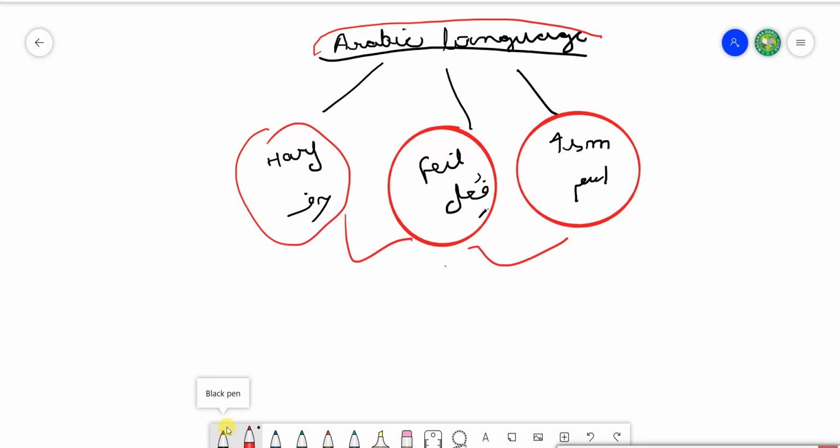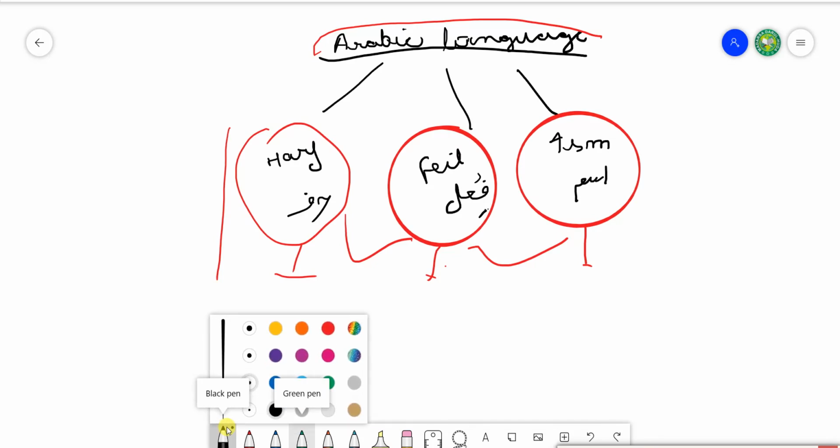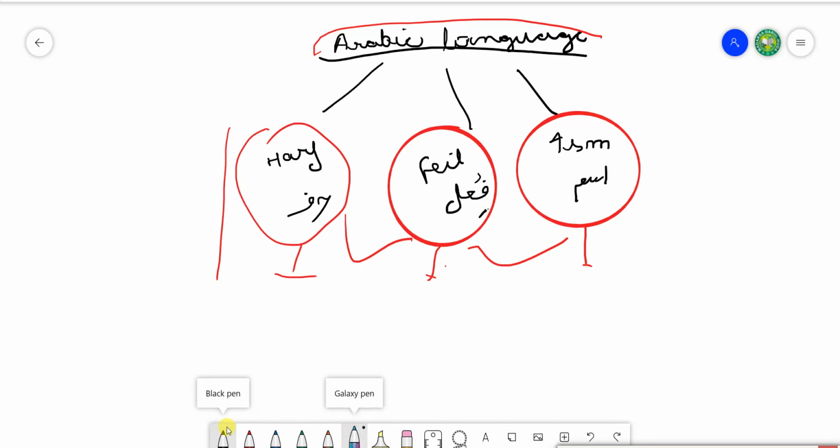So if we understand the concept of ism, fail and harf carefully, we will be able to understand the whole Arabic language in the very easiest way, inshallah. So I hope you understand so far that the whole Arabic language is just made up of three things, that is ism, fail and harf.